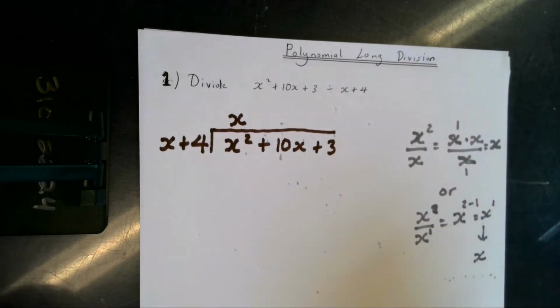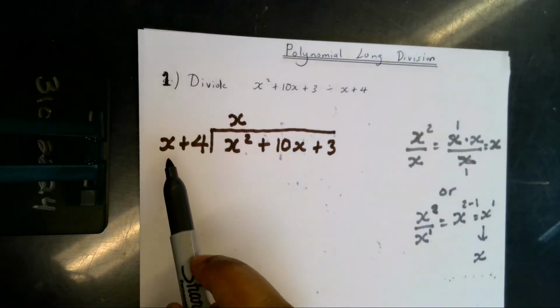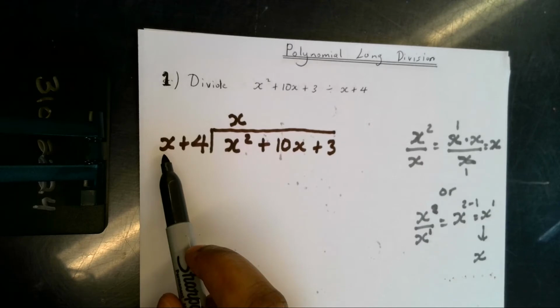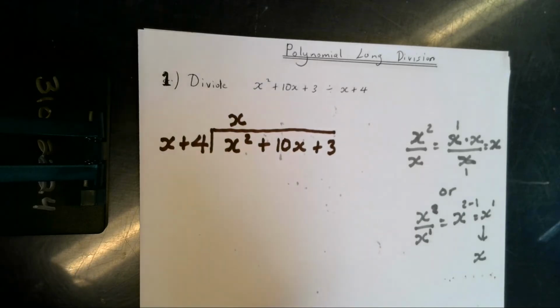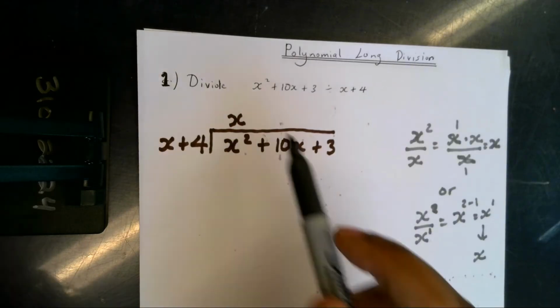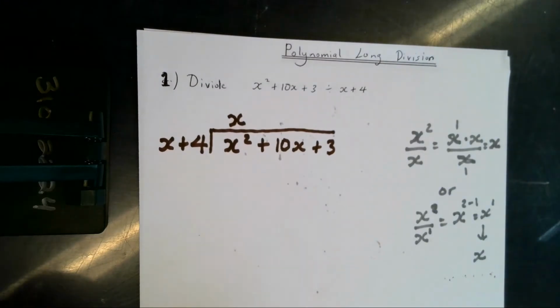So that's another way of understanding what I mean by saying x into x squared. So x into x squared is x.